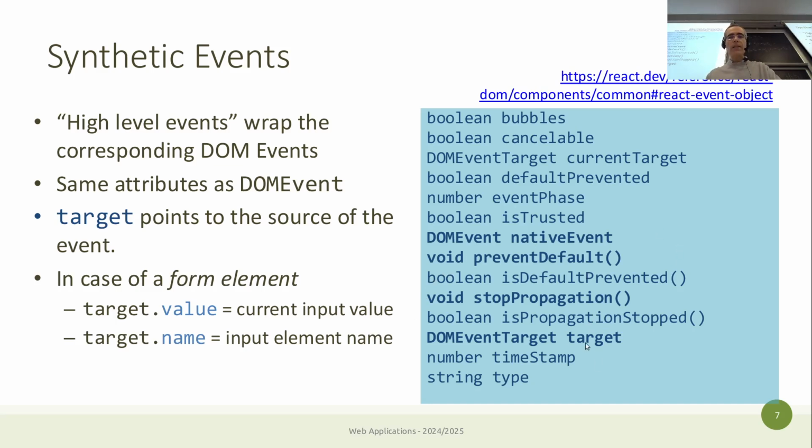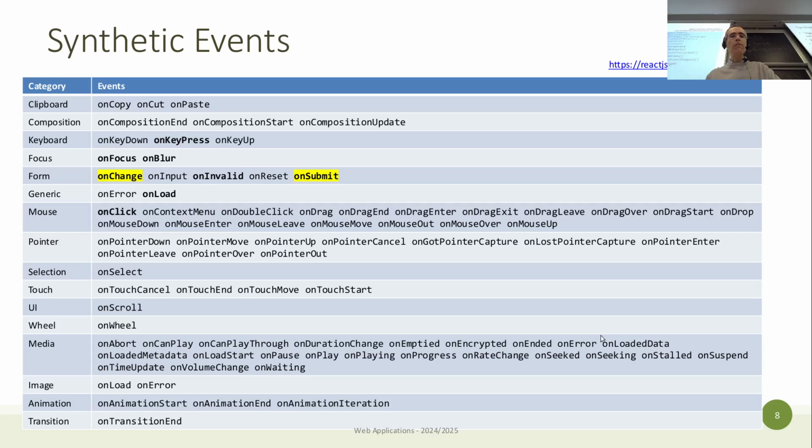The events we can use are quite a lot, but I would say in our applications there are basically two events that are more important because we need to handle them. That is the onChange that we just saw, and for forms also the onSubmit, because we need to prevent the submission of the form.